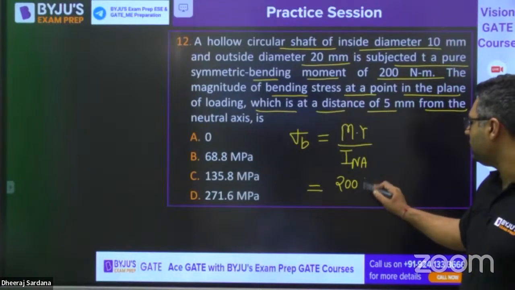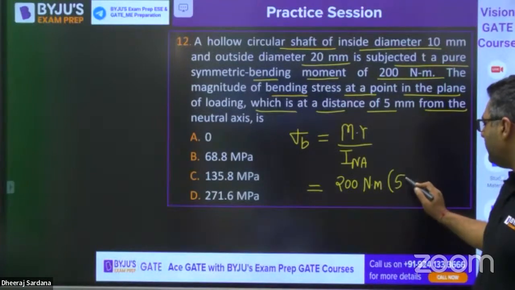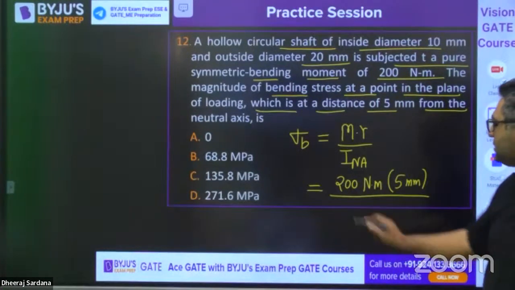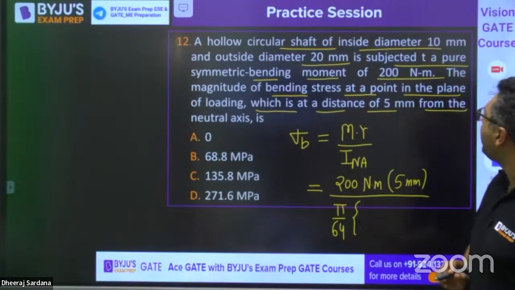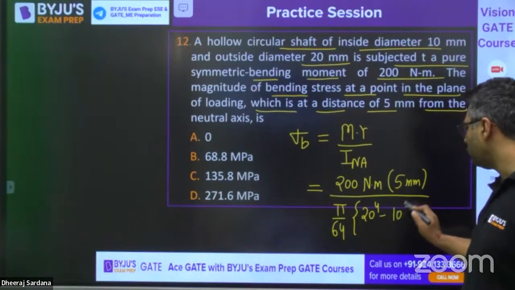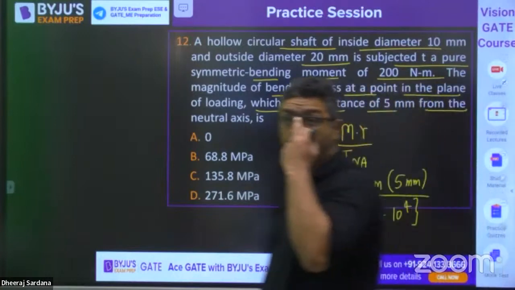So this is 200 Newton meter. Y is 5 mm, divided by INA. INA is going to be pi by 64, D naught 4 minus DI 4. It is 20 to the power 4 minus 10 to the power 4. Solve this and get the bending stress value.